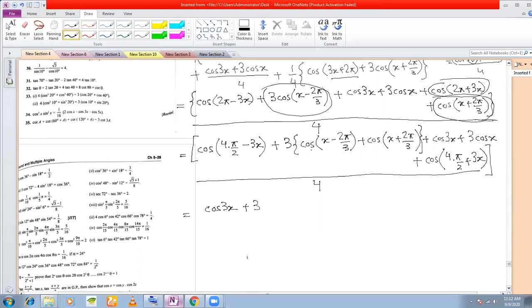Now this is cos plus cos, a sum of two cos, so we change it to a product. Cos C plus cos D is 2 cos ((C plus D) by 2) cos ((C minus D) by 2). C plus D here is (x minus 2 pi by 3) plus (x plus 2 pi by 3) divided by 2.